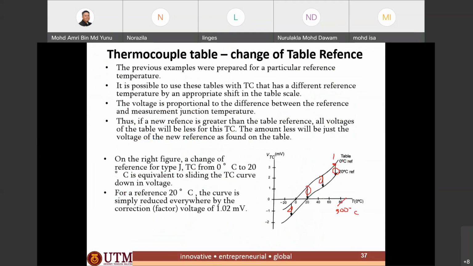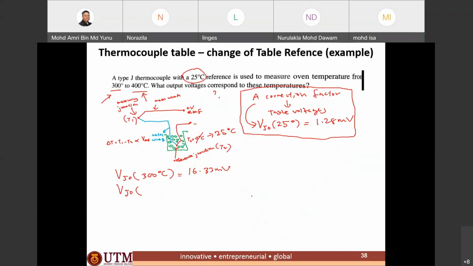300 degrees Celsius, and then the reference at 0 degrees Celsius. But remember that our reference has increased, so there's an offset we must apply. At any point, but this question asked to find the other value.